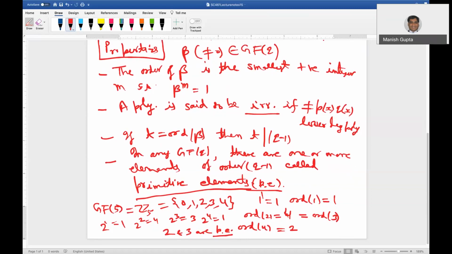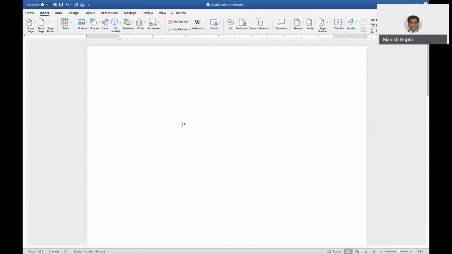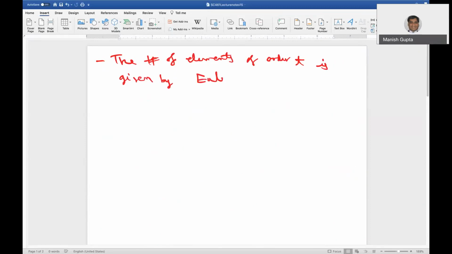In fact, we have a general result which I should mention here, without proof, of course. The number of elements of order t is given by the Euler phi function, phi of t.